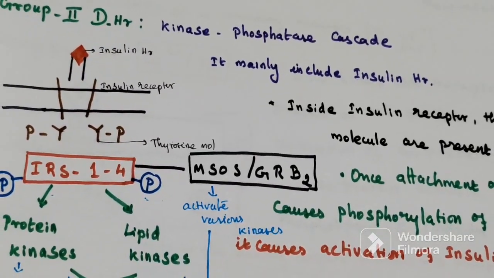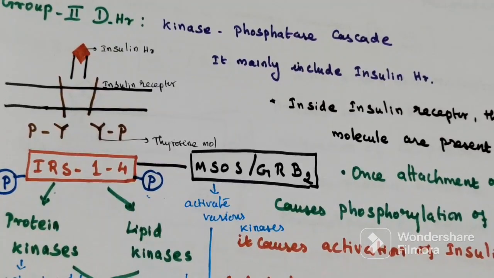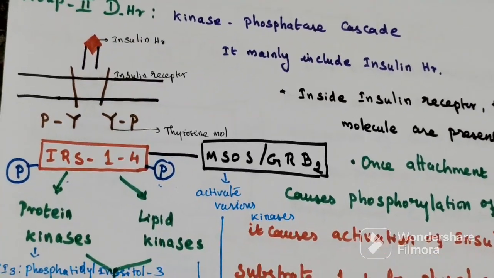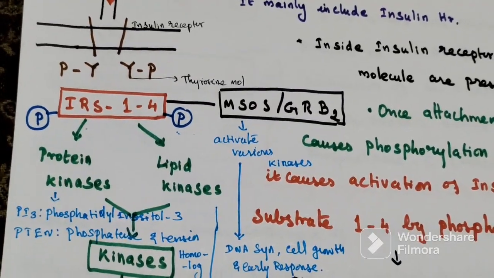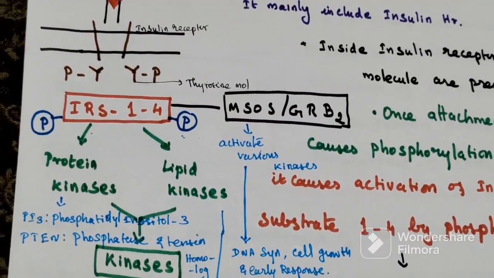Due to this phosphorylation of insulin receptor substrate, it causes activation of various protein kinases and also lipid kinases.